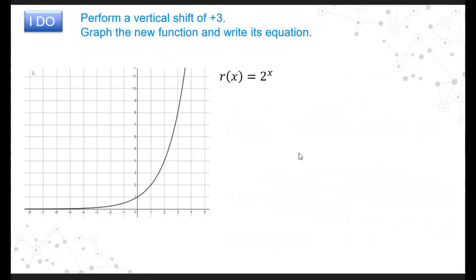So let's look at a few examples. Perform a vertical shift of plus 3. They want us to graph the new function and write its equation. Okay, so we're going to take a point on the function and move it up 3. 1, 2, 3. We'll take a point here on the function, move it up 1, 2, 3. We're moving up because this is adding 3.